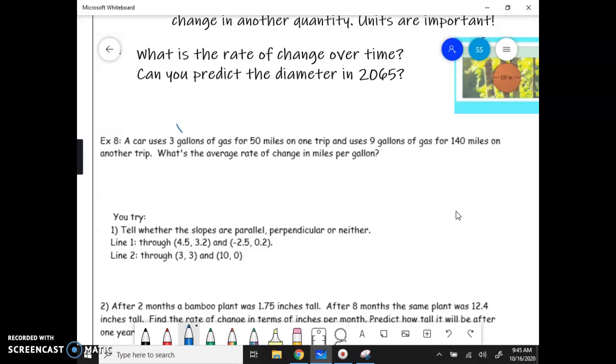Again, all we have to do is call this our x and our y. So just put points out, 3 and 50 and 9 and 140. x1, y1, x2, y2, and we just follow the formula. We're going to do 140 minus 50 over 9 minus 3.